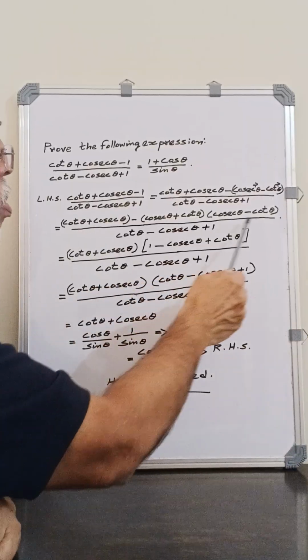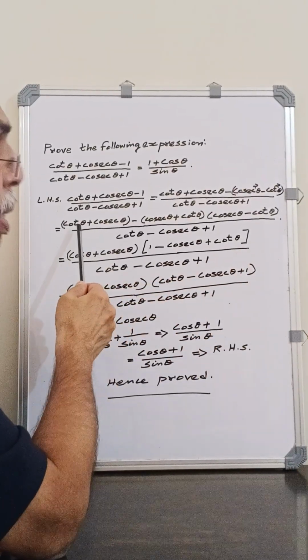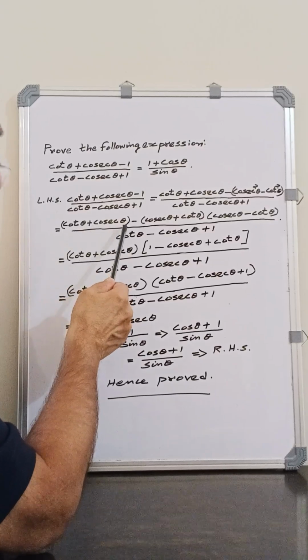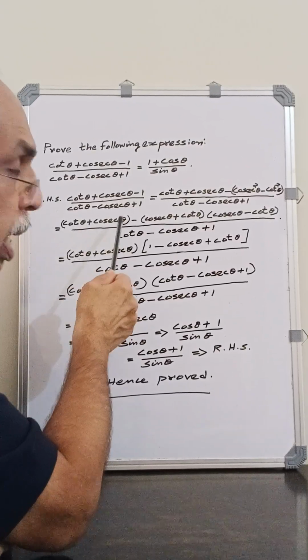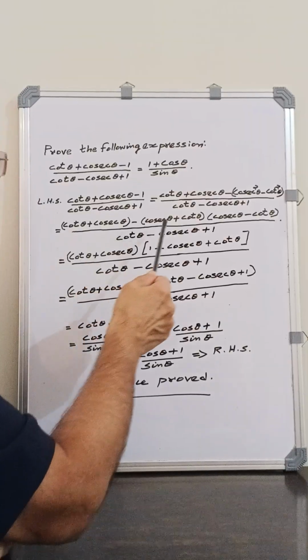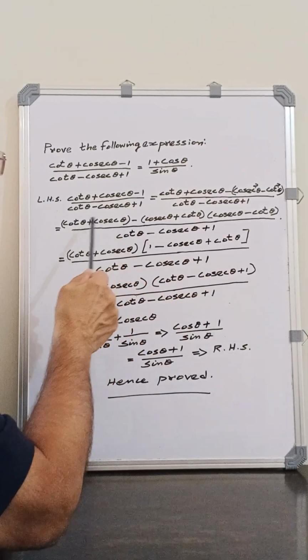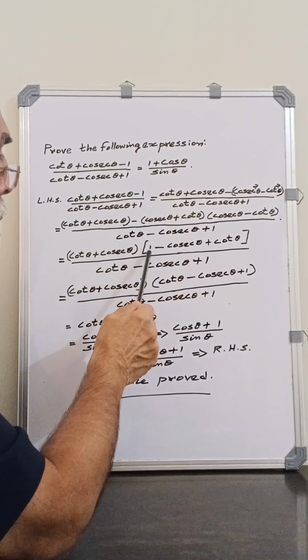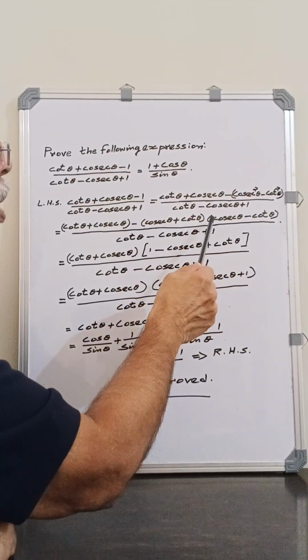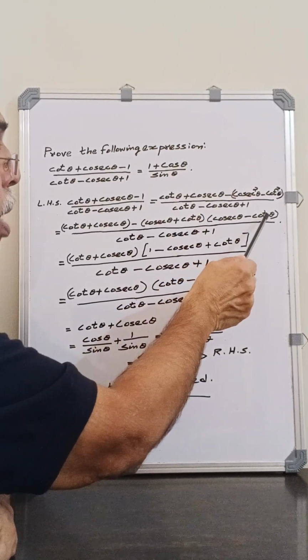Here, among the numerator, we can take the common factor cot theta plus cosec theta. If we take cot theta plus cosec theta as a common factor outside, then what remains, instead of this term, is 1 minus of cosec theta minus cot theta.